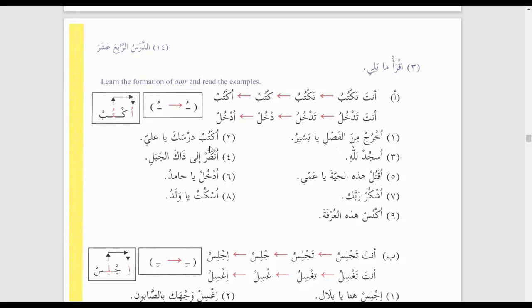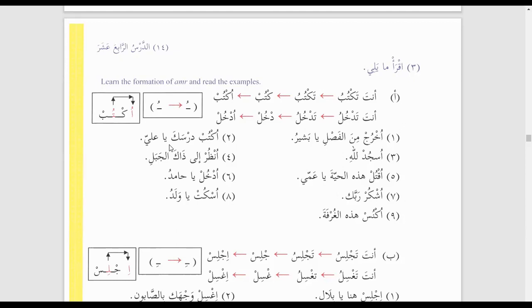Number 2 is اكتب درسك يا علي. Write your lesson, O Ali. اكتب. Why is it uktub? This is فعل الأمر, sir. The first hamzatul wasl will take dhamma because the second root letter has dhamma. Okay, that's number 1.